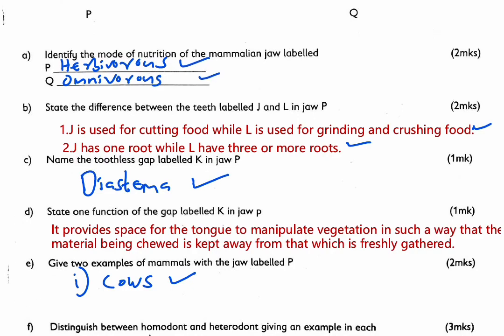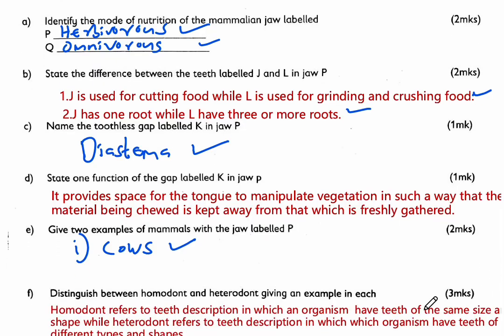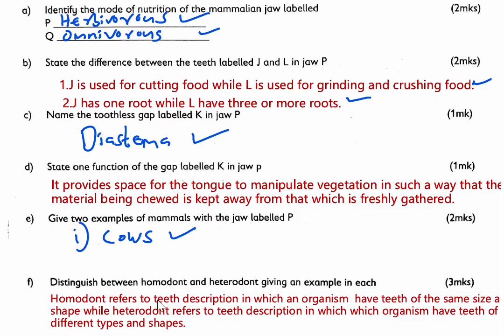Distinguish between homodont and heterodont, giving an example in each case. So 3 marks. This is also grade 9 work. I'm going to say homodont refers to teeth description in which an organism has teeth of the same size and shape, while heterodont refers to teeth description in which organisms have teeth of different types and shapes. Remember, they're saying give an example.